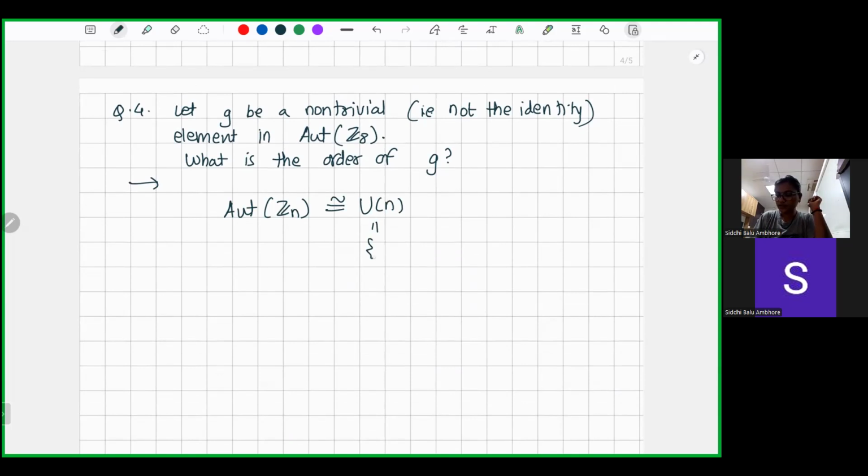And this is all a bar in Zn such that GCD of a and n is 1.